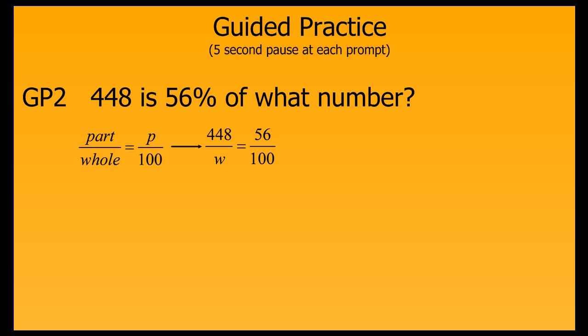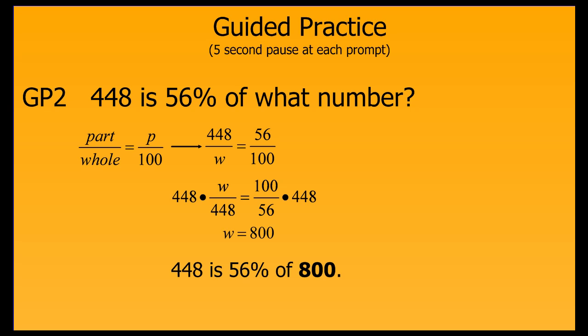What's next? Since our variable is in the denominator, we write an equivalent proportion by writing the reciprocals of both sides of our equation. Now what do we do? Since w is divided by 448, we want to do the opposite, so we multiply by 448. What's our next step?